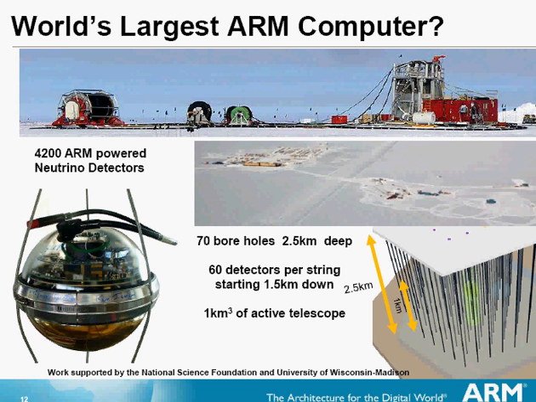The detector is about the size of a basketball. Approximately 42,000 ARM powered neutrino detectors are used here, and each gets activated whenever it sees any neutrino hitting anywhere there, and based on that it will do some analysis and some processing, and then it will give a result at the output.